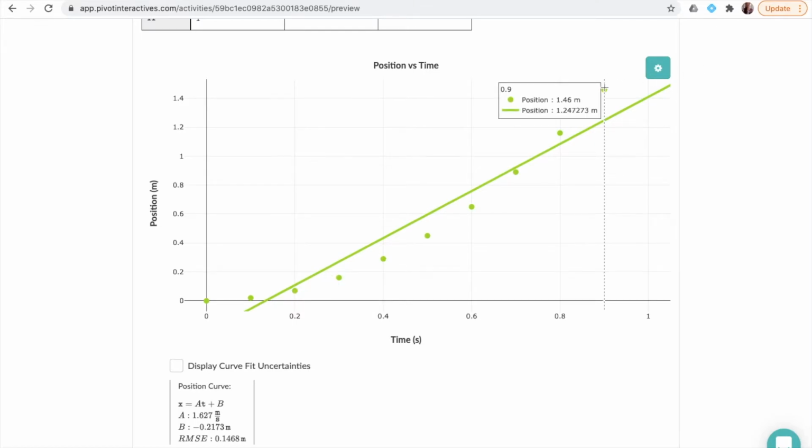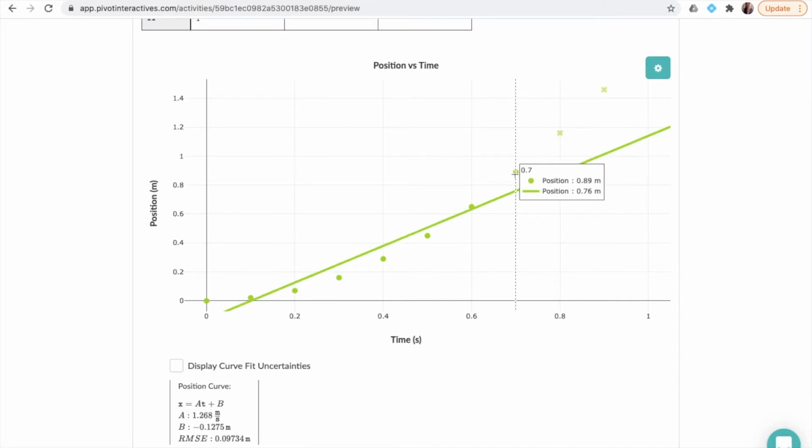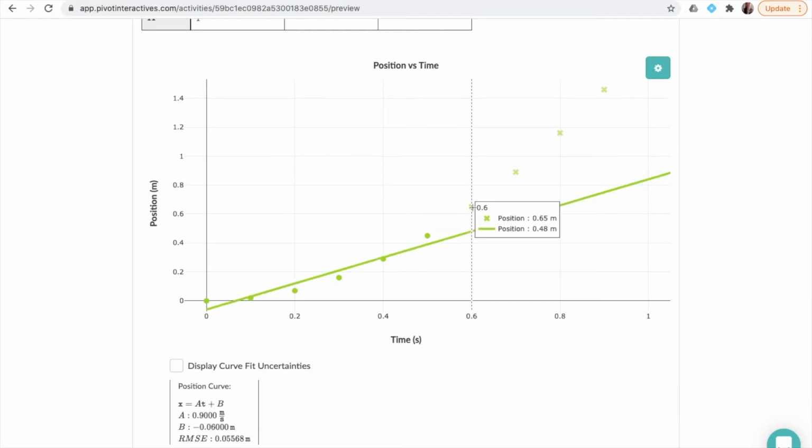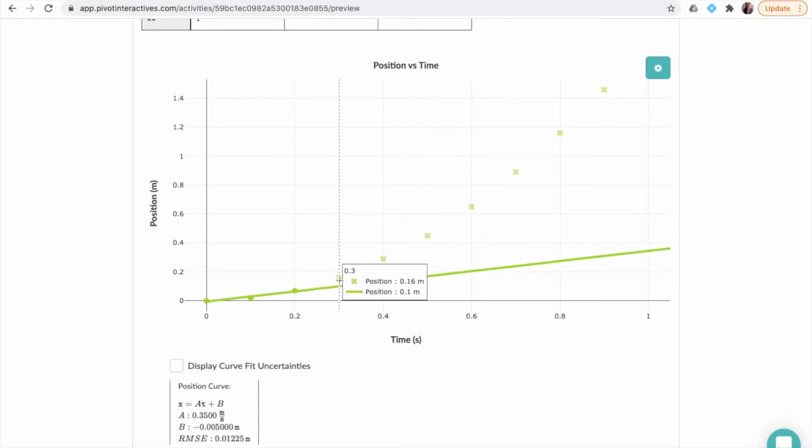What I'm going to do is I'm going to start deselecting these. I'm clicking on all the later data points, so that it's taking a best fit line of fewer and fewer points, until now it's only taking the data points that are adjacent to 0.1 seconds of time.